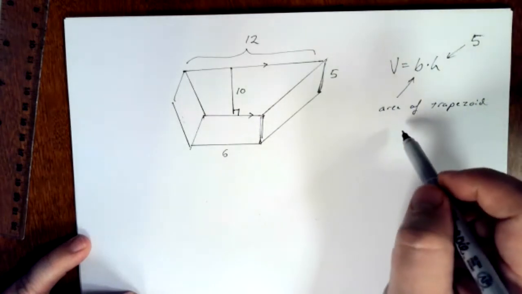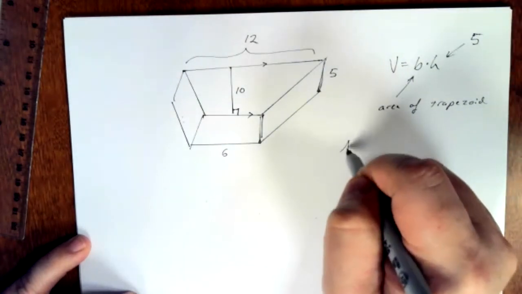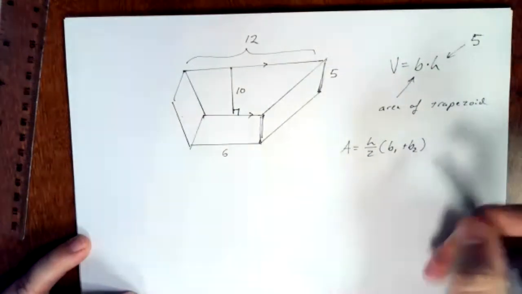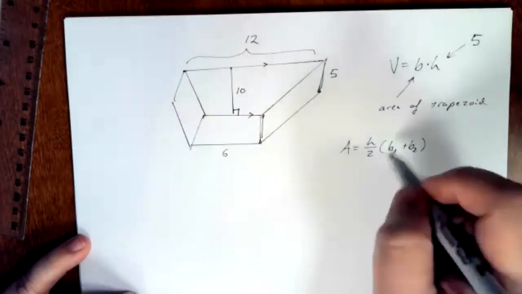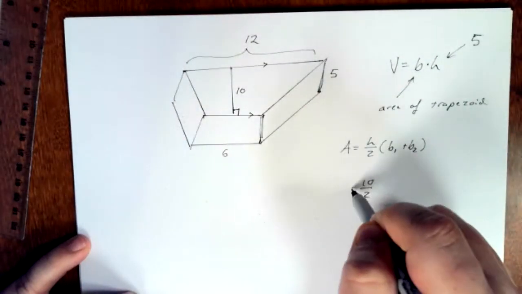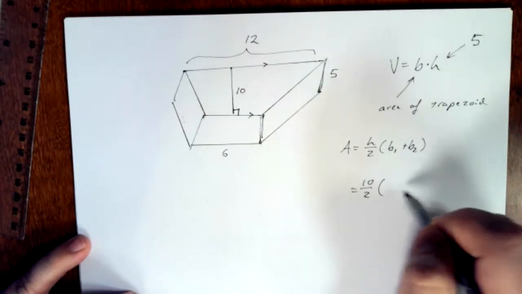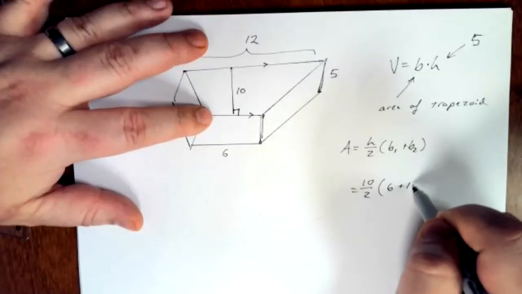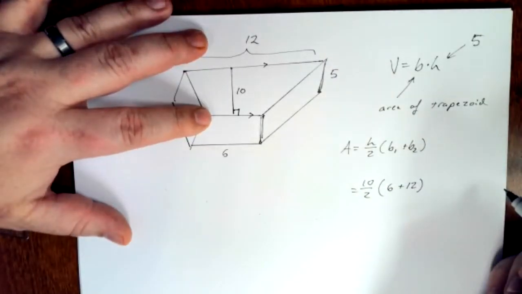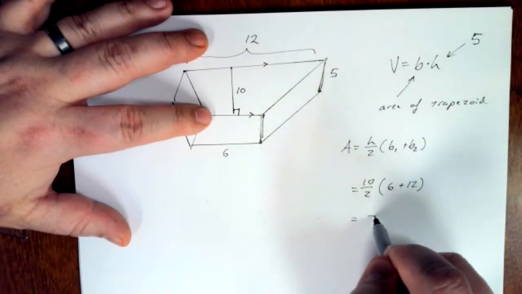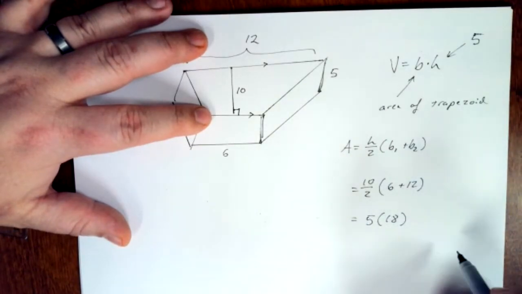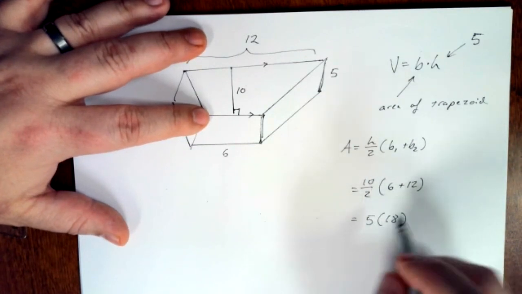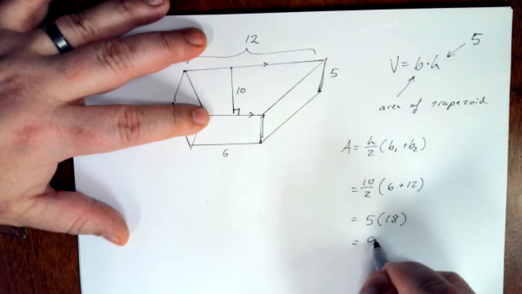But now I have to find the area of the trapezoid. And inside the area of the trapezoid, the height of the trapezoid is the 10. And my base 1 and base 2 are the 6 and the 12. So now six plus 12 is 18, and 10 divided by 2 is 5. 5 times 18 is 90.